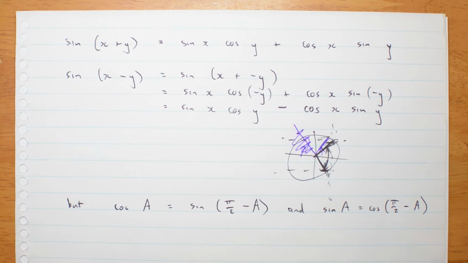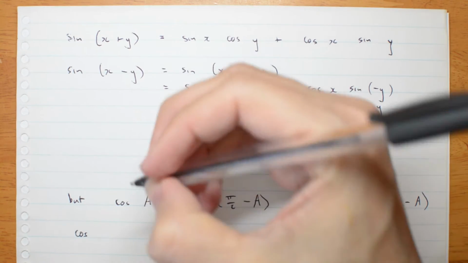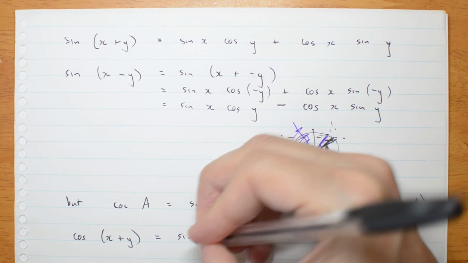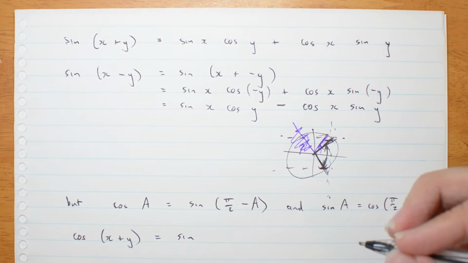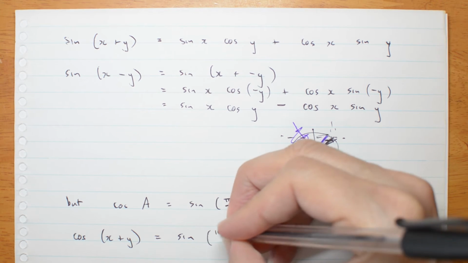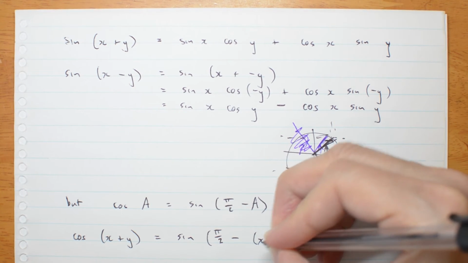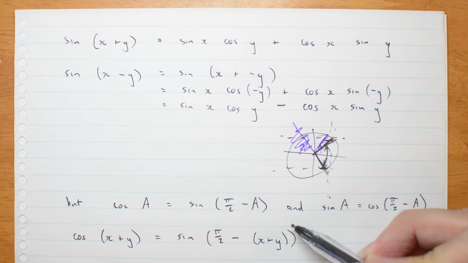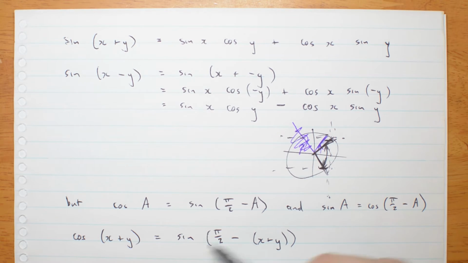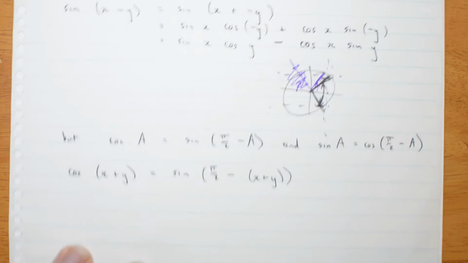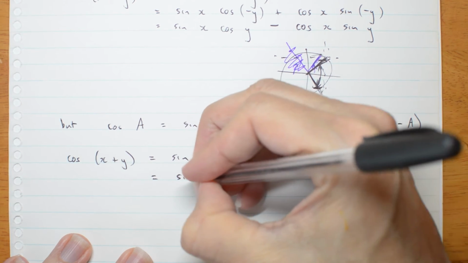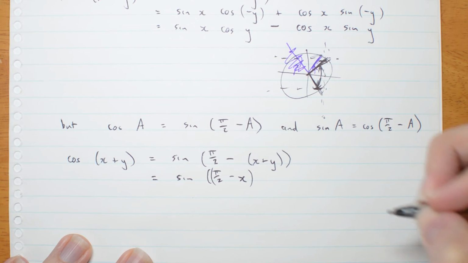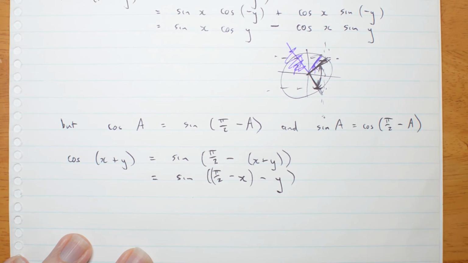Assuming you believe this, then cos of x plus y is sine of pi on 2 minus x plus y. That's just applying this. Now I'm going to rearrange this before I plug it in here. It's sine of pi on 2 minus x minus y.